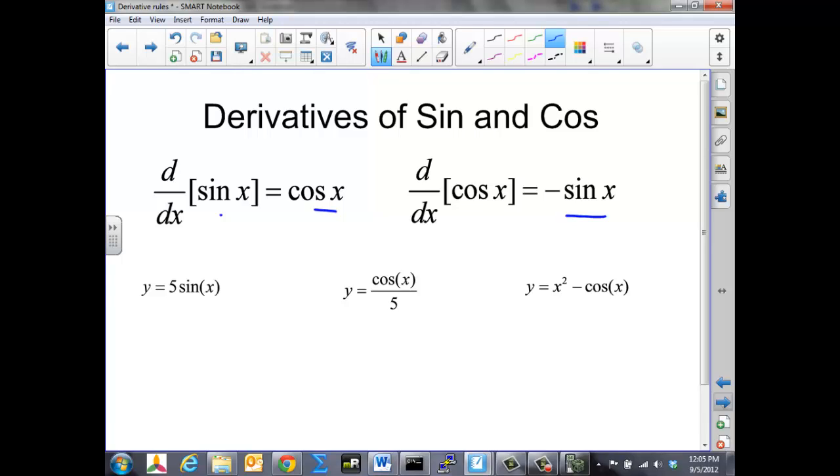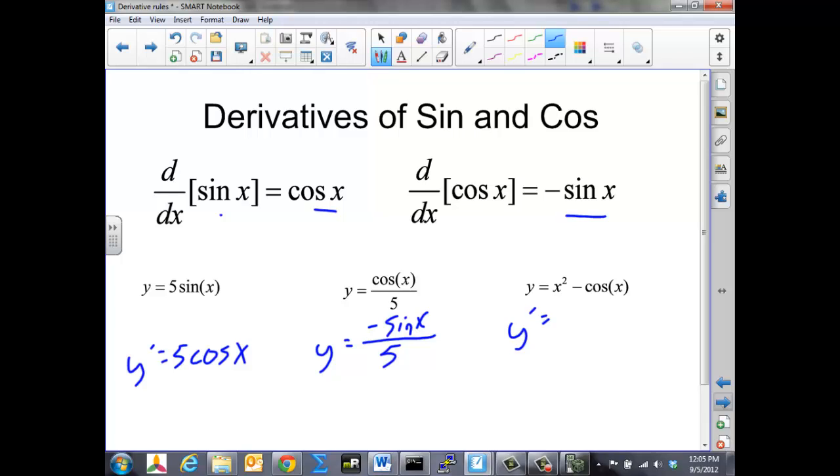Memorize those. So what's the derivative of 5 sine x? y prime is 5 cos x. Right. What's the derivative of cos x over 5? Negative sine x over 5, or negative 1/5 sine x, either one. And what about this last one that mixed in x squared and cosine?